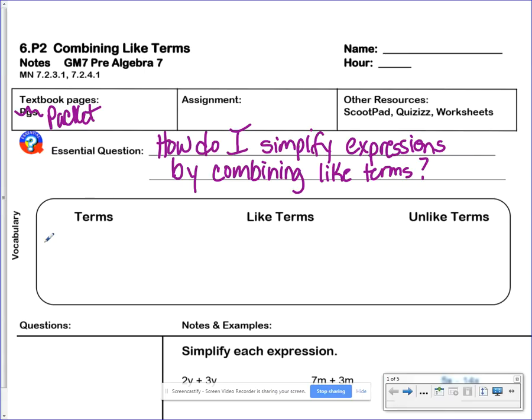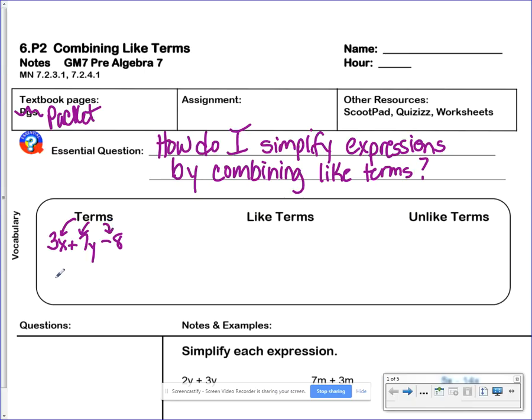Sometimes I honestly think it's easier to just show rather than get too wordy. So let's say I have something like 3x plus 7y minus 8. Each one of these items, the 3x, the positive 7y, and the negative 8, is a term.